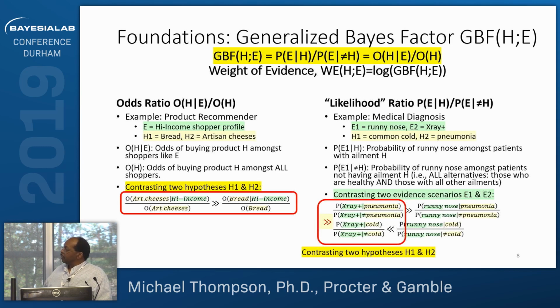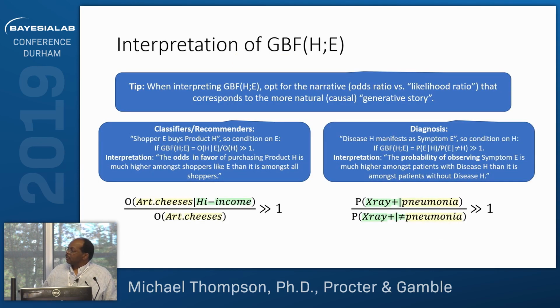Or given a positive X-ray, you would be much more certain that they were suffering from pneumonia than if they were suffering from a common cold. So again, whichever way you write it, mathematically it's equivalent. It really comes down to the interpretation and how you want to explain the findings that come out.